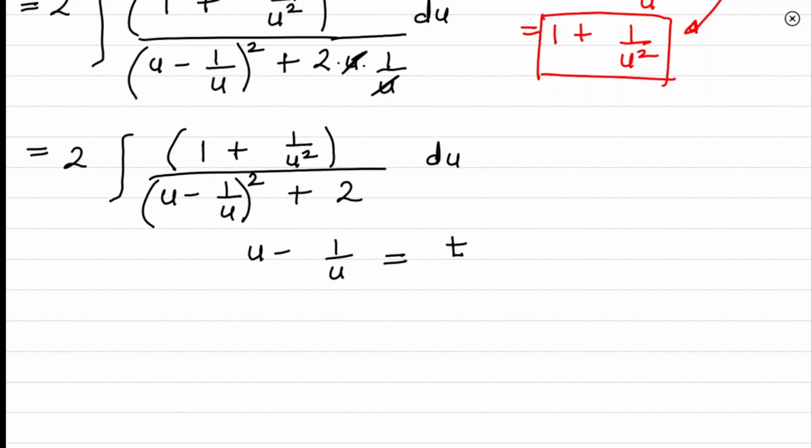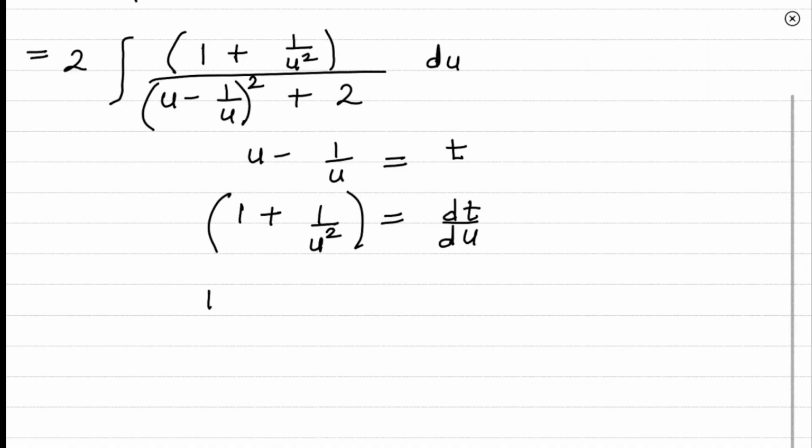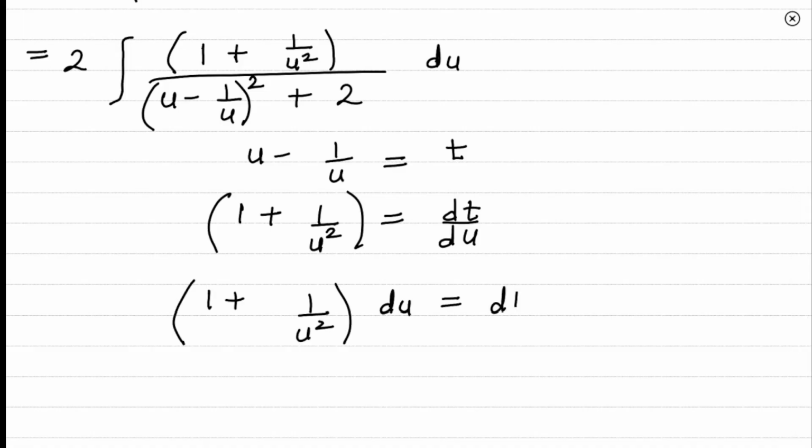So differentiation of u is 1. Differentiation of minus 1 by u is plus 1 by u square is equal to dt by du. Okay, now if you notice here, we need 1 plus 1 over u square times du. So you can actually multiply that du on the left hand side, and you get 1 plus 1 by u square multiplied by du is equal to dt.